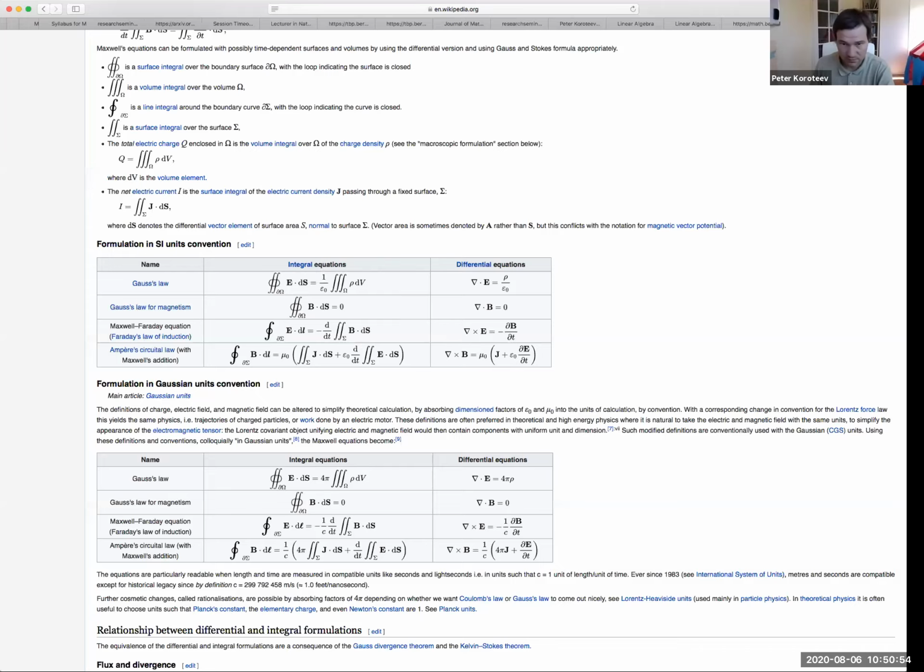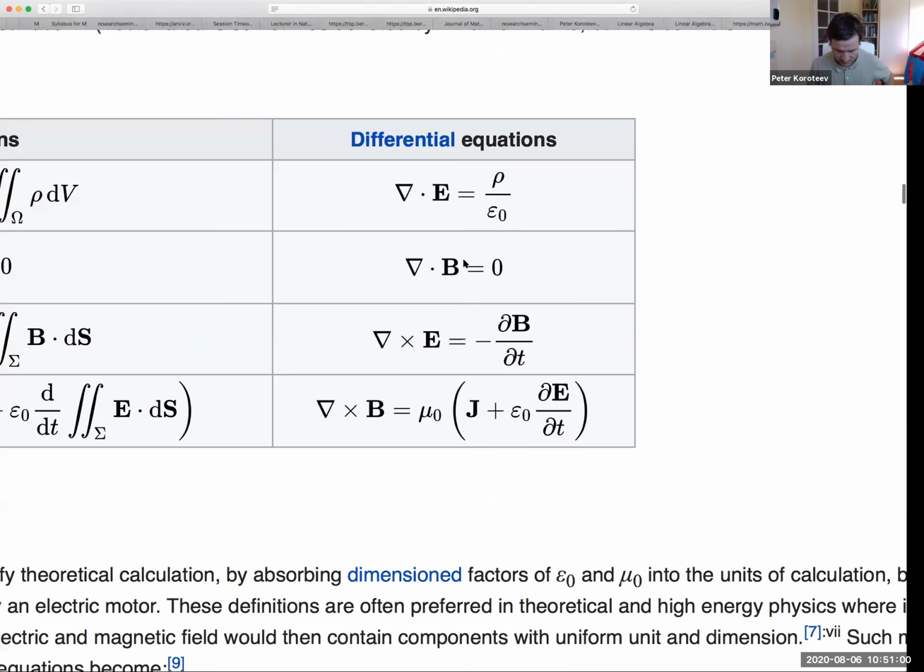Okay, we don't have much time. Let me just show it to you on the web page. So here they are. That's the first equation. They're written in the so-called CGS system, which has epsilon 0.